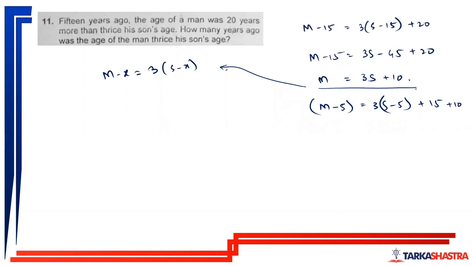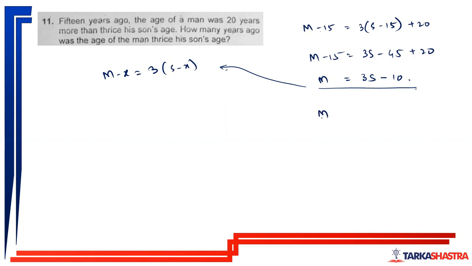ओके, सो दिस कैन बी डन, बट वेट 1 second, कैन वी डू समथिंग डिफरेंट? This is minus 45, this is minus 10, no, not plus 10. So this is minus 10, not plus 10. Okay, so how can we make it like that? So m minus 15, this is 3s minus 45 plus 20. So m minus 15, if it comes here, will be plus 35 minus 10.